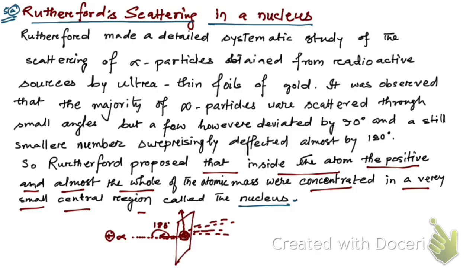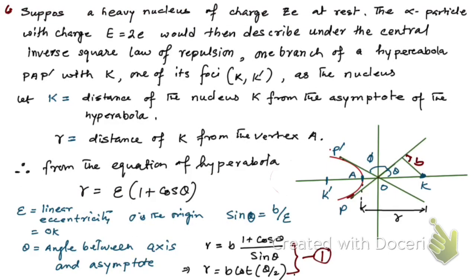Suppose a heavy nucleus with charge Ze, where Z is the number of protons, and the charge of each proton is equal to the charge of an electron. Charge of proton and charge of electron are the same but opposite in nature, so positive e means charge of proton, negative e means charge of electron.